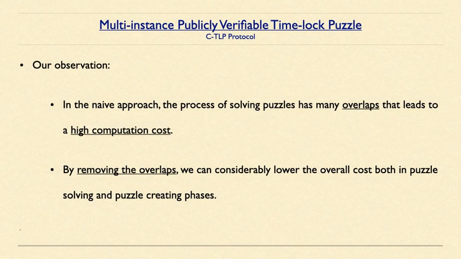Our key observation is in a naive approach, the process of decrypting messages have many overlaps, leading to a high computation cost. So by eliminating the overlaps, we can considerably lower the overall cost, both in the puzzle solving and puzzle creating phases.